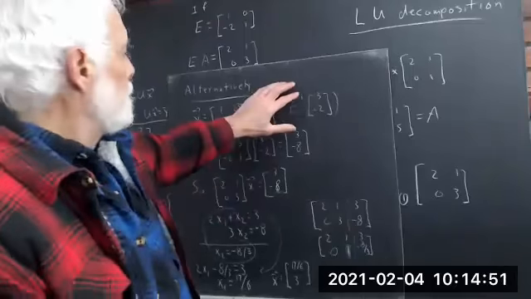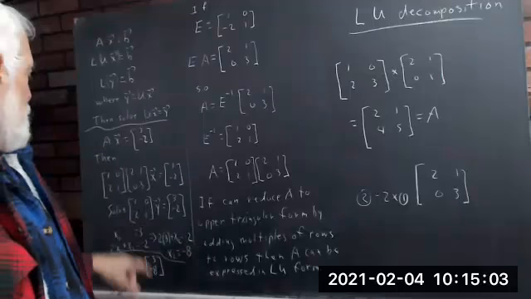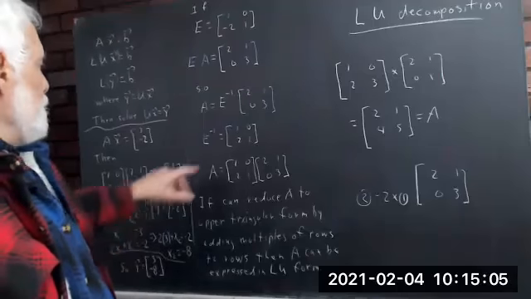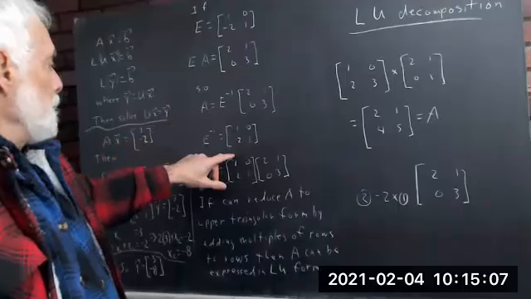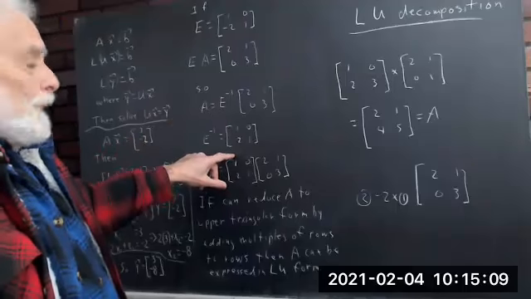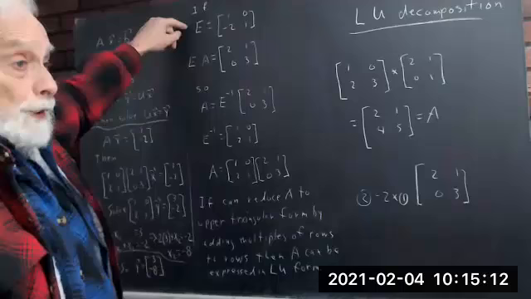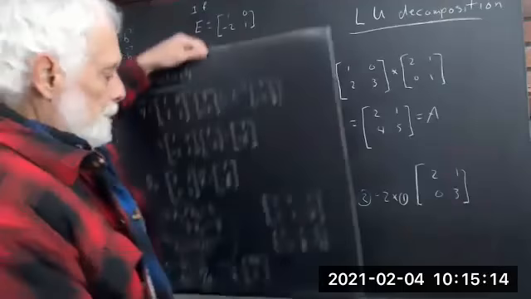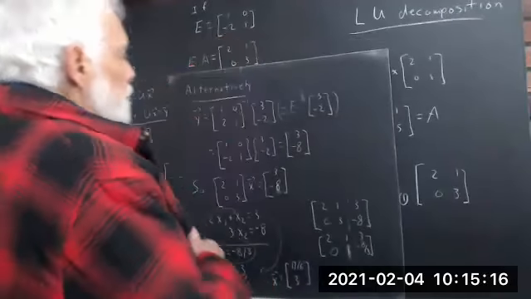Let me erase that. So obviously, if we multiply this by the inverse of this matrix, we get this. This matrix is the E inverse matrix. So its inverse is the E matrix. And I wrote an E inverse here when I did this.